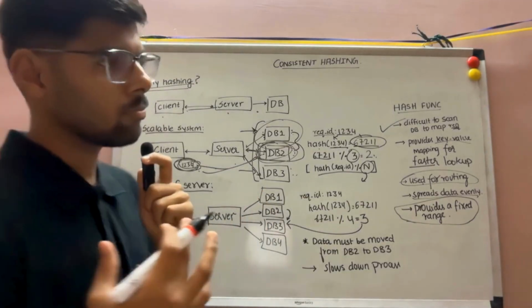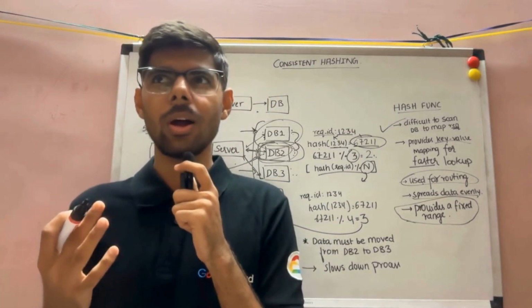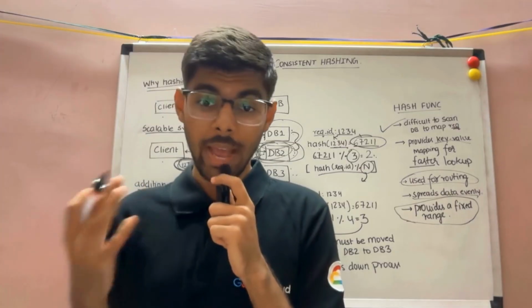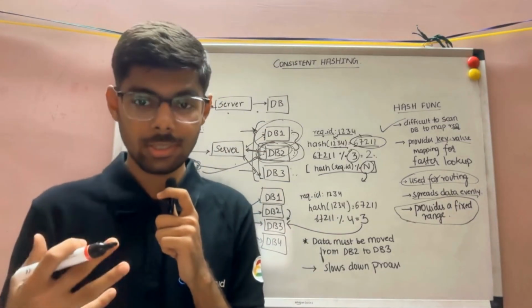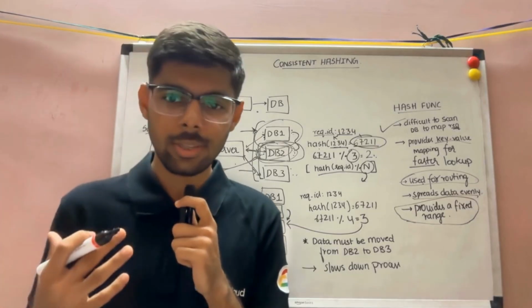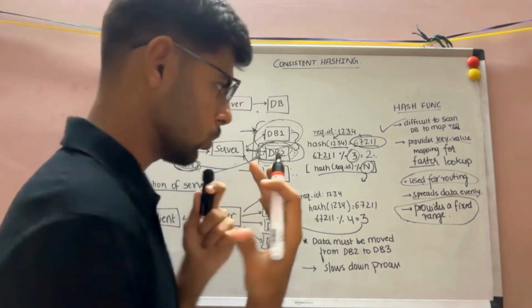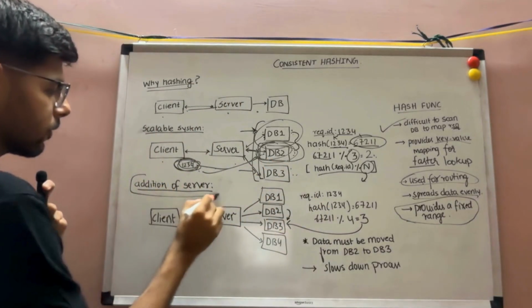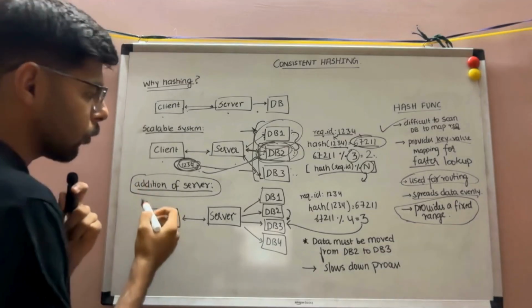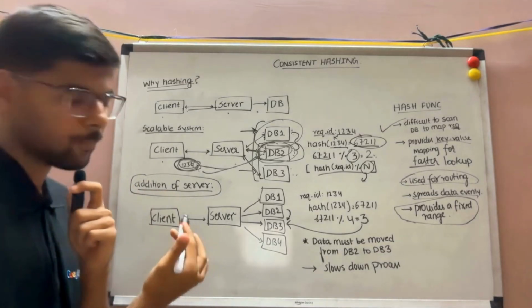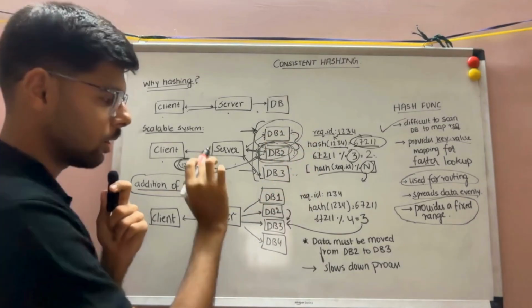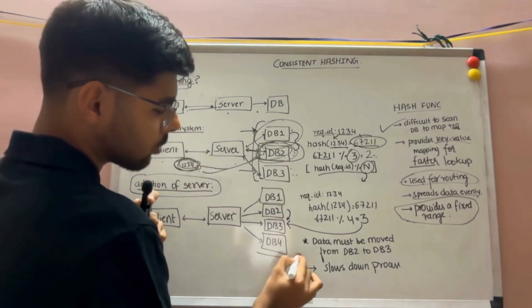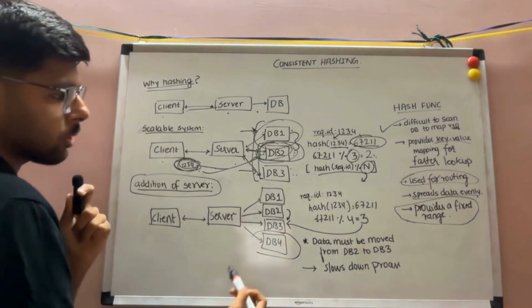Now, again, there is a problem with hashing alone. That is what happens when you scale the system, that is, you increase the number of databases. So here I have given an example of what happens when you add a server. Before, there were only 3 databases. Now I have added a 4th one here. So what happens now?